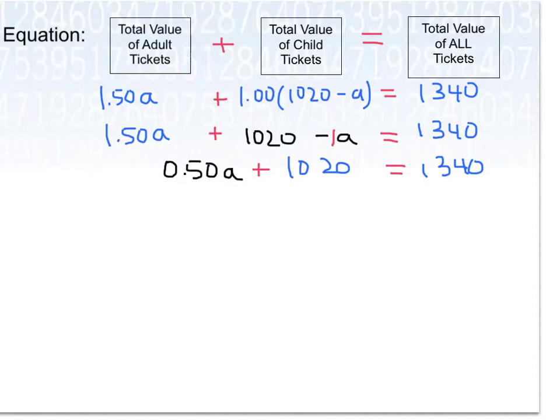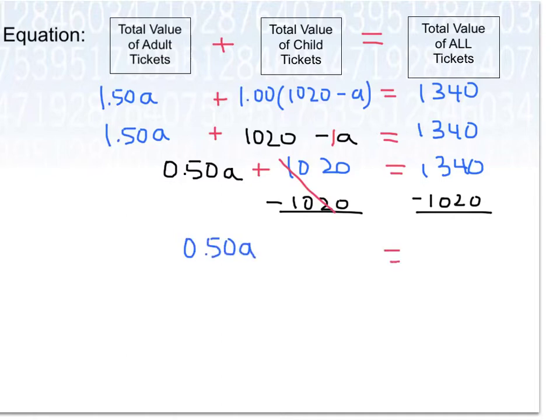We will subtract 1,020 from both sides, so that the 1,020 will cancel out on the left. We'll be left with 0.50A on the left side. And 1,340 minus 1,020 will be 320.